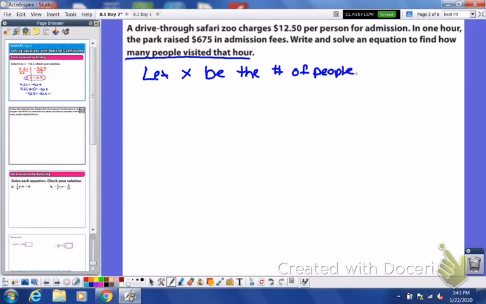Now the other information I know it's $12.50 per person. That per is important, and in 1 hour they raised $675. So per tells us we're multiplying, so $12.50 per person, x is our number of people, equals, they raised $675.